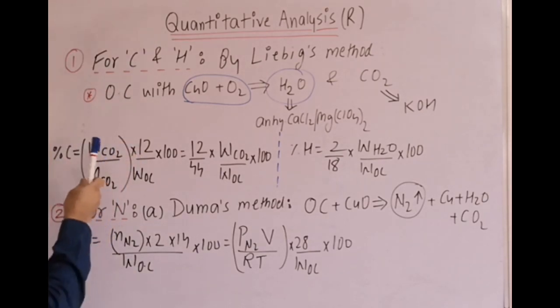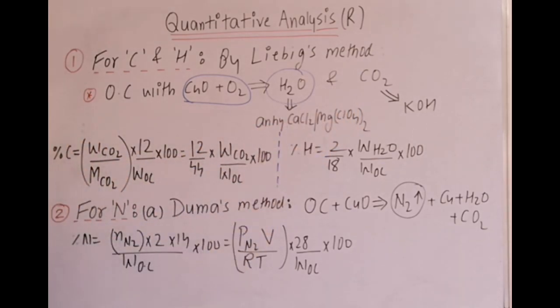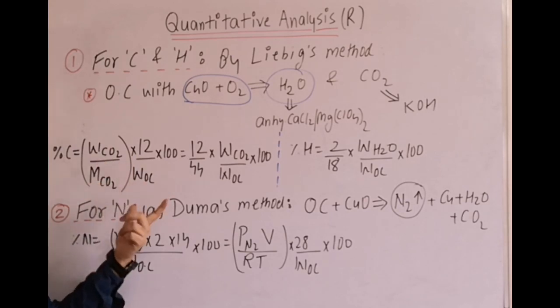Now what is the formula for finding the percentage of carbon in the organic compound? We know the mass of CO2. Now if we have the mass of CO2 we can find the moles of CO2: given mass upon molar mass of CO2 gives the moles of carbon dioxide. And we use the simple mole concept: whatever are the moles of carbon dioxide will also be the moles of carbon. If we have the moles of carbon, multiply by the atomic mass of carbon and we get the mass of carbon.